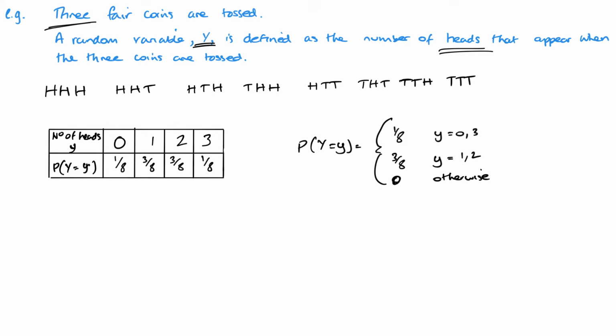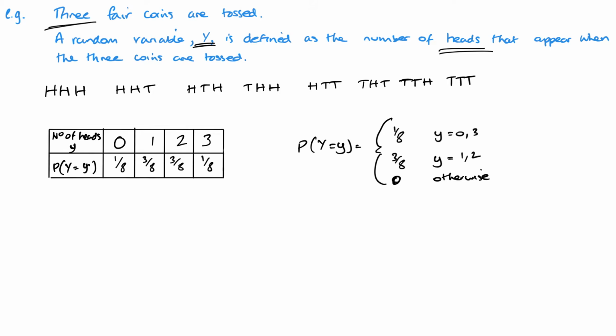Any other value of y would return a probability of 0. Which is kind of obvious in this case because we've only got 3 coins. In this particular case, you probably didn't need it, but I've popped it in there anyway.